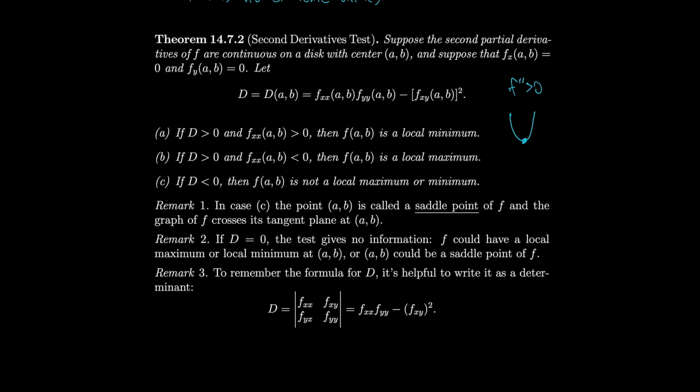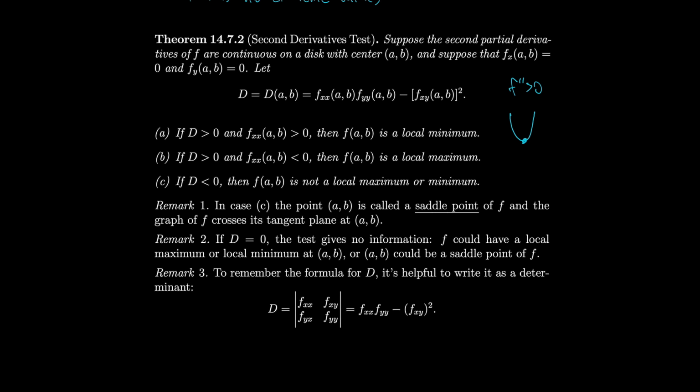Because if one is positive and the other is negative, then the product would be negative, and we'd be subtracting something, so we'd potentially have something even more negative, because subtracting a positive number from a negative gives you an even more negative number, but we're assuming that D is positive. So if one of our partials is positive, the other will be too, so it makes sense that we should have a local minimum there.